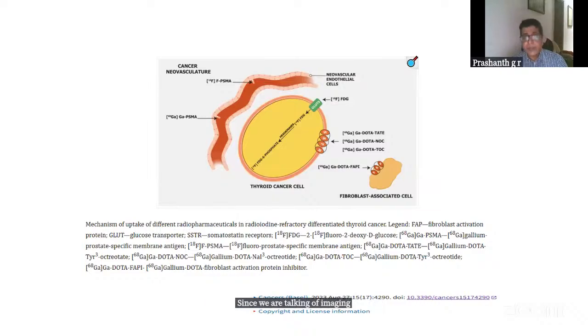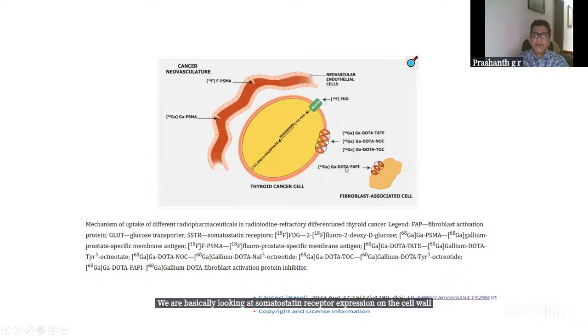this picture demonstrates which receptors are involved and where the isotope is localizing in the malignant cell. When we are talking of FDG imaging, what we are demonstrating is GLUT receptor overexpression in the tumor cell. When we are talking of either gallium-68 DOTATATE or DOTANOC imaging, we are looking at somatostatin receptor expression on the cell wall.